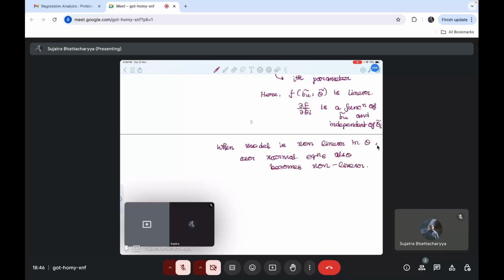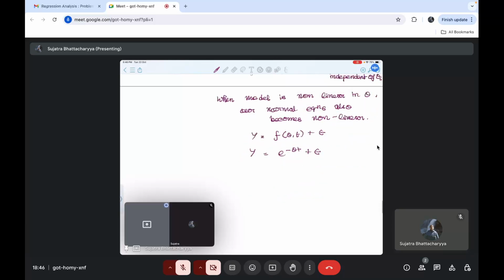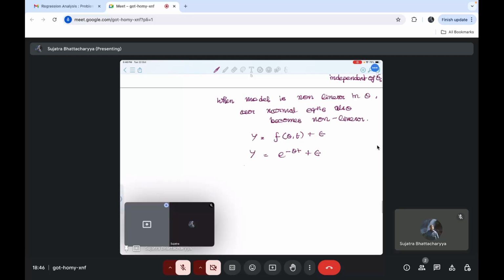How? Suppose y is equal to f of θ, t plus epsilon, say y is equal to e to the power minus θt. The simplest nonlinearity. If it is there, let's see what S of θ represents.